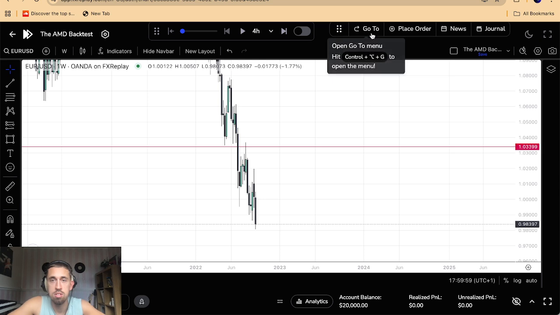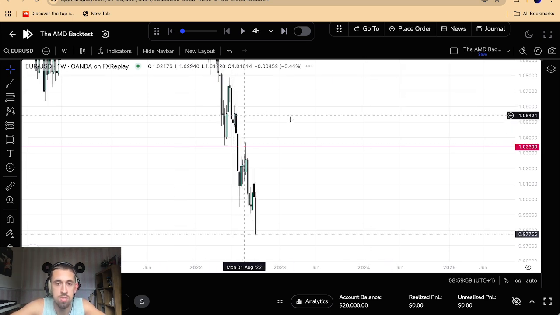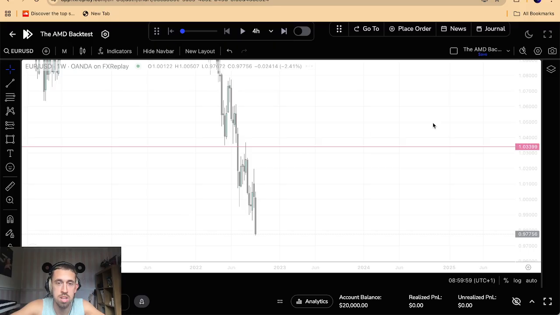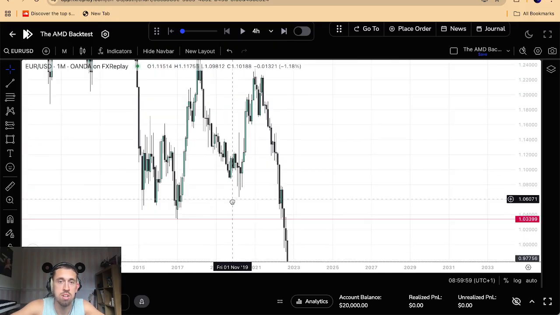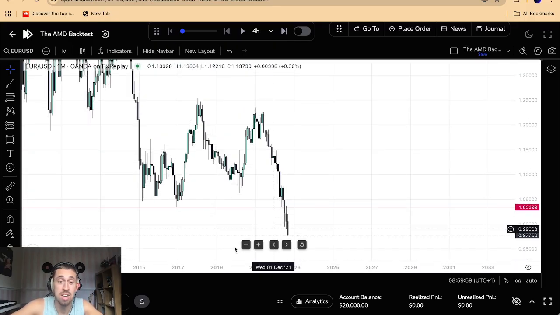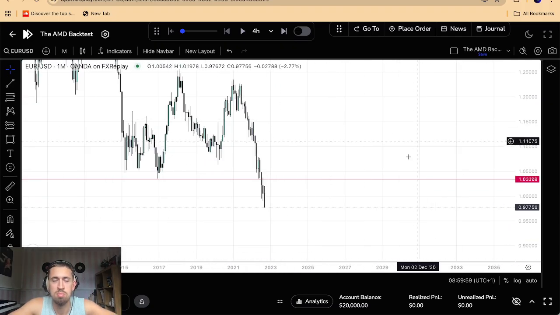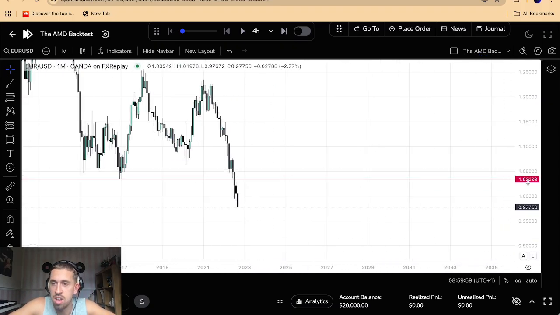So let us just forget that now. Eventually that should distribute back into that range, I'm assuming. And if it doesn't, then it doesn't. Like, you don't take a loss, you just don't take anything.